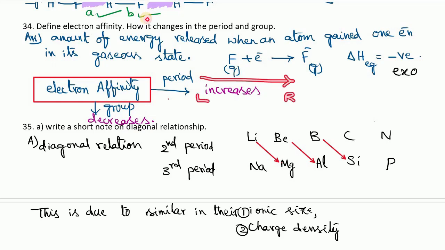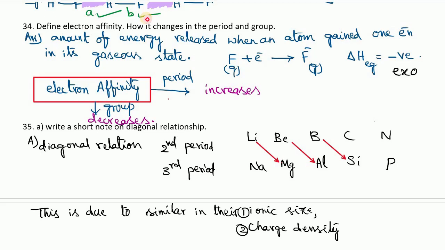Okay, next. Write a short note on diagonal relationship. What is diagonal? Generally, in a rectangle or square, this is the diagonal. Second period elements' chemical properties are similar to third period elements' chemical properties.